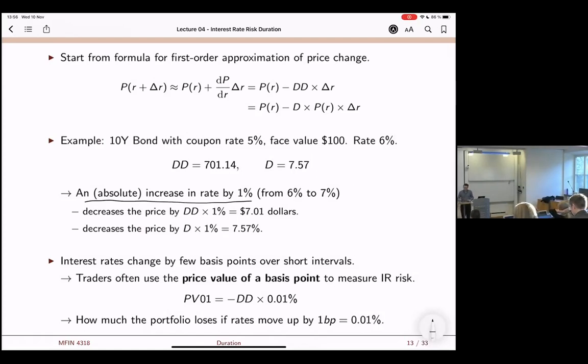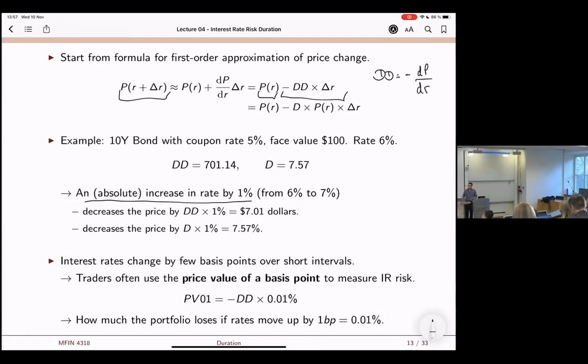Now let's look at the formula that we have above, right? So to compute the new price, we take the old price, right? And we subtract dollar duration times the change in rate, right? Again, remember the minus sign because dollar duration is the minus over R, right? Minus the derivative. Okay.